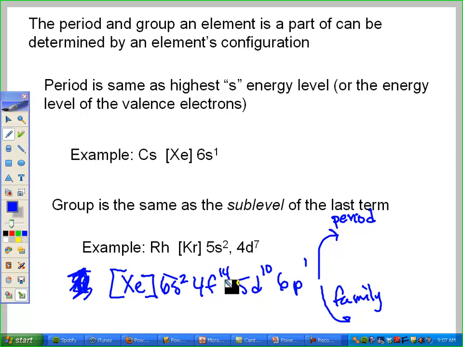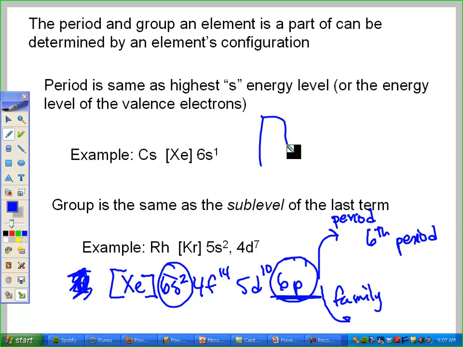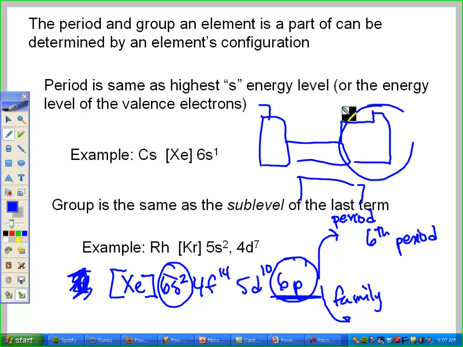All right, so for period, remember that's valence electrons. So my valence electrons are in the 6th energy level, which means this should be in the 6th period. So that's easy. And then my last term, right here, tells me that it should be in the P block. So here's your P block, and it should be the first family in the P block, because that's P1 all the way up through P6.